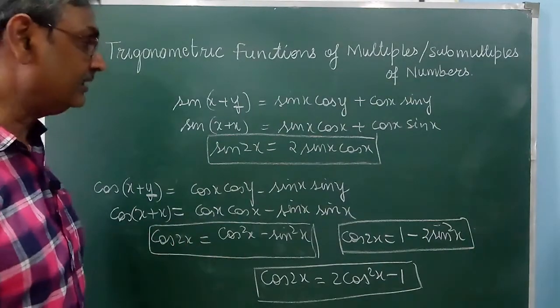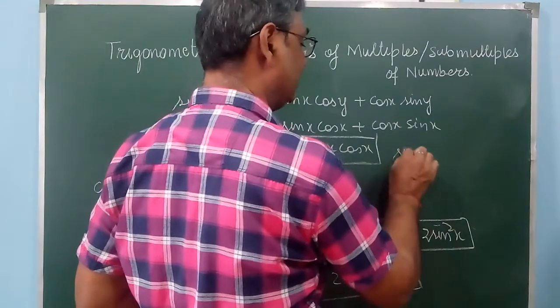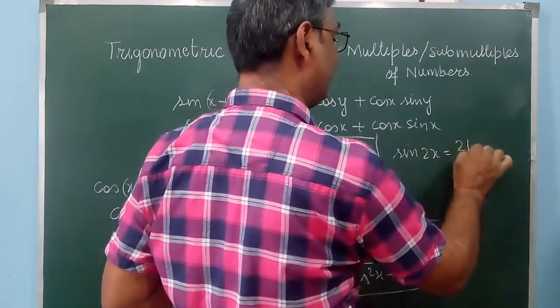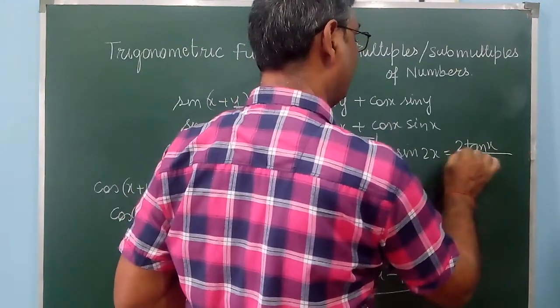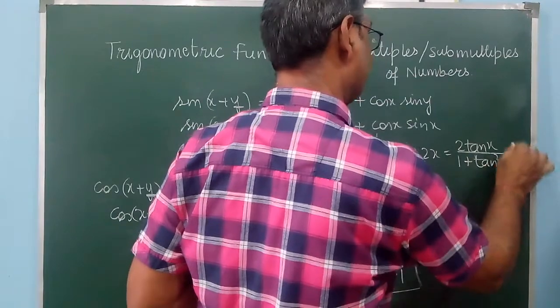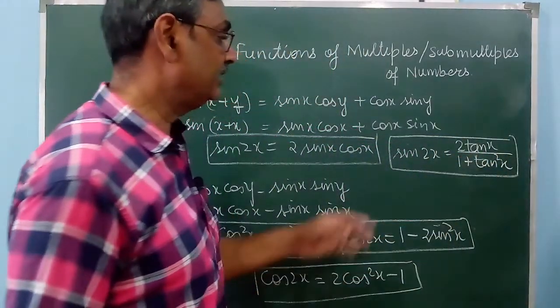One more we will see. We can represent sin 2x in terms of tan. This one is 2 tan x upon 1 plus tan square x. This is the formula of sin 2x in terms of tan.